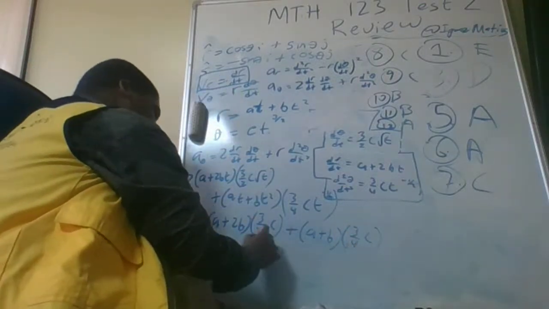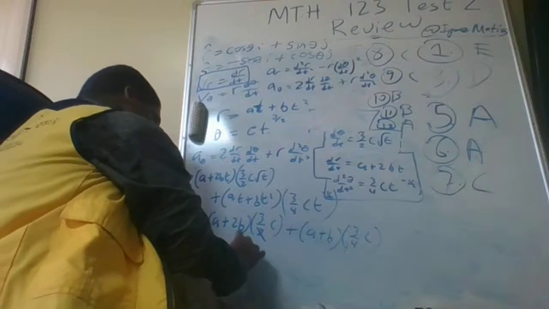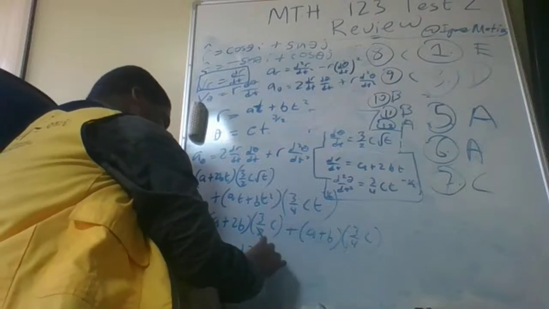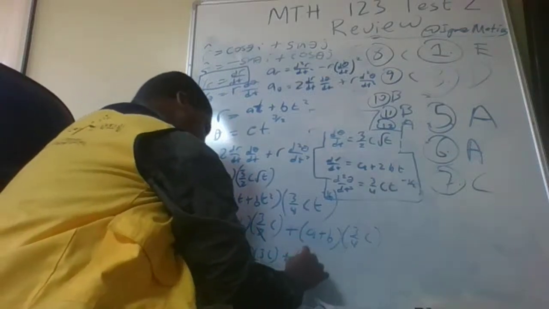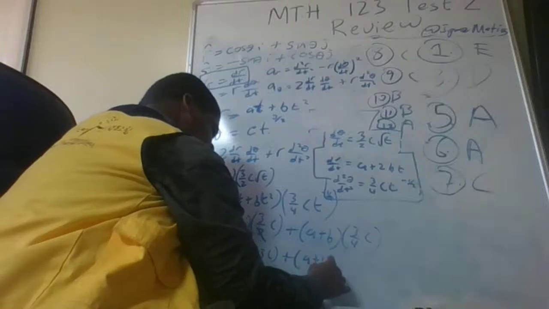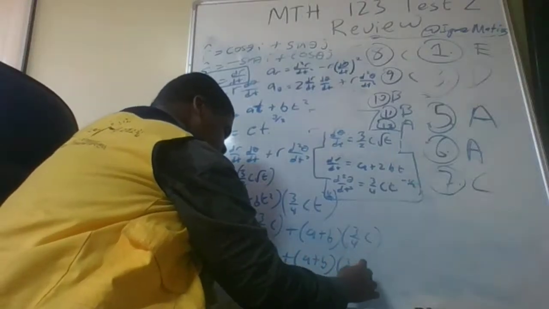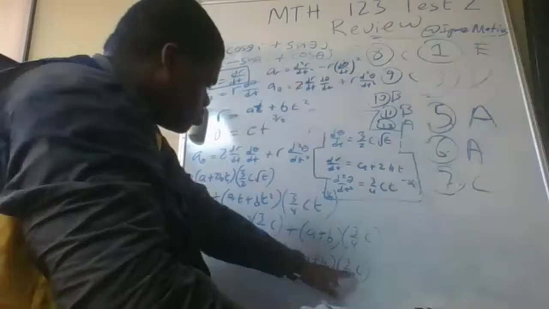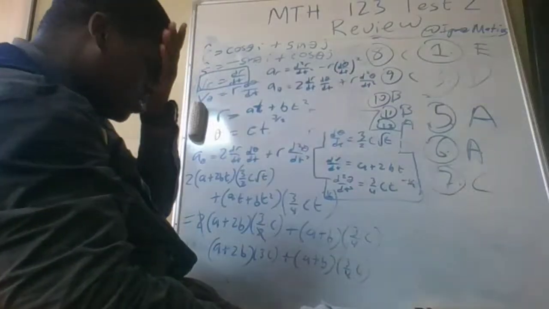The 2 here will cancel out the 2 that is here. So you have a plus 2b times 3c, plus a plus b times 3 over 4c. I can factor out 3 over 4c from both terms.